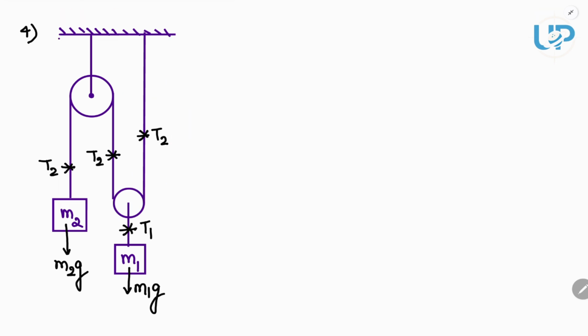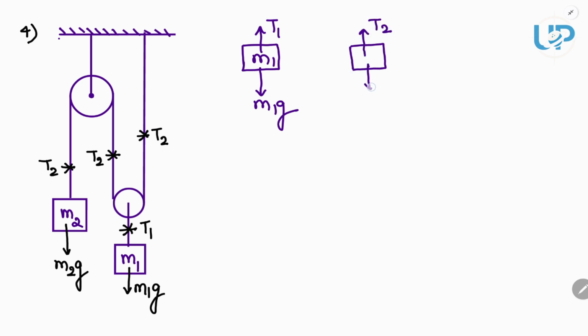Okay, that's it. So if we draw the individual free body diagrams beta, we can write first M1: M1G is downward, T1 is upward, and for M2 we can write T2 upward and M2G downward.